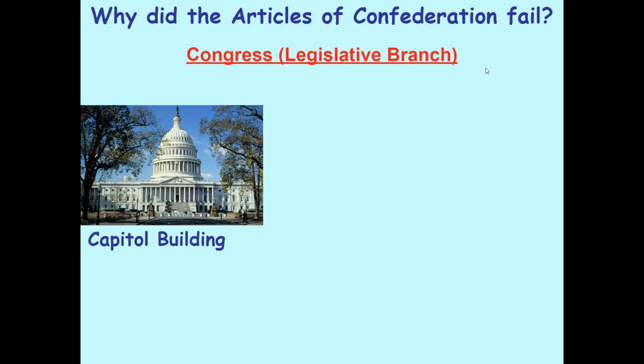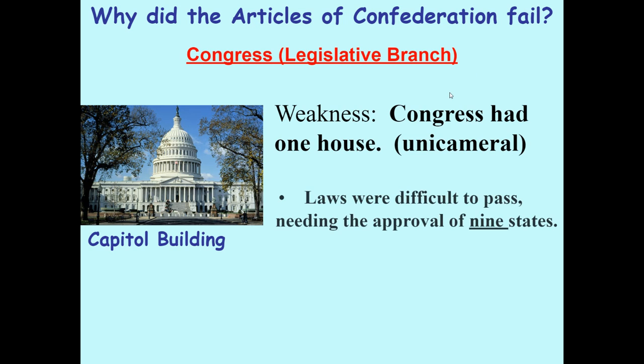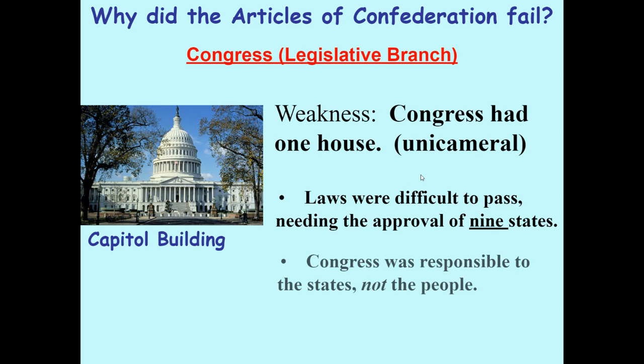And at the same time, we had what's known as a unicameral house, or a one-house Congress. So the problem with this being a weakness is that basically laws were very difficult to pass. Because in order to pass laws, we actually needed the approval of 9 out of 13 states, as opposed to, say, majority rule, which would have been 7 out of 13 states.